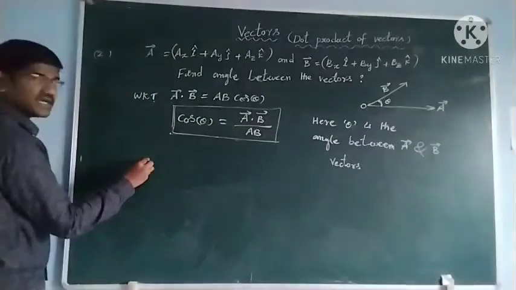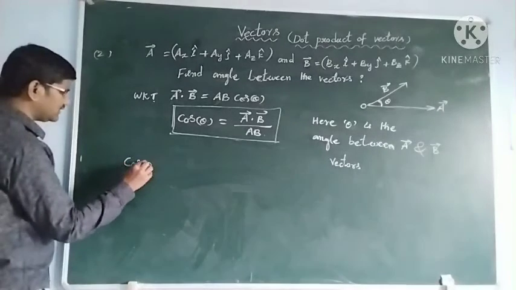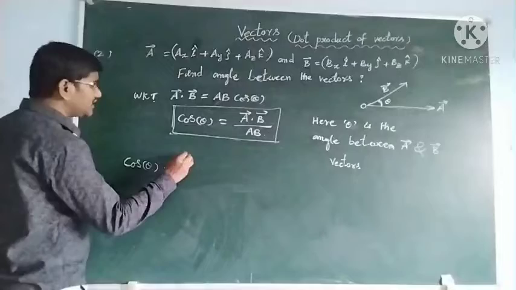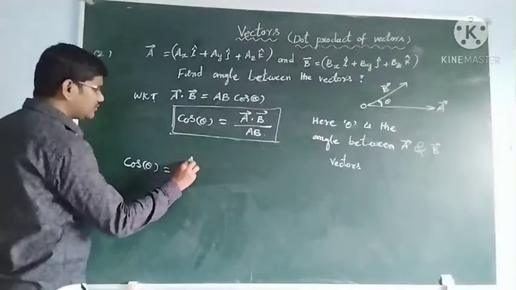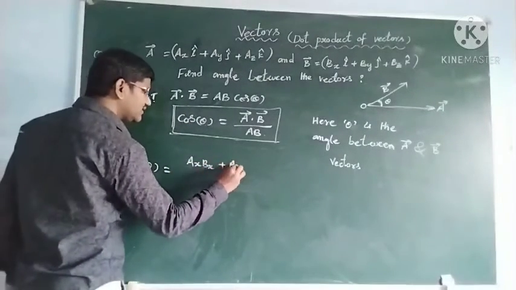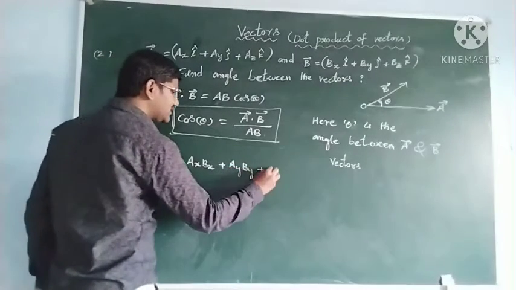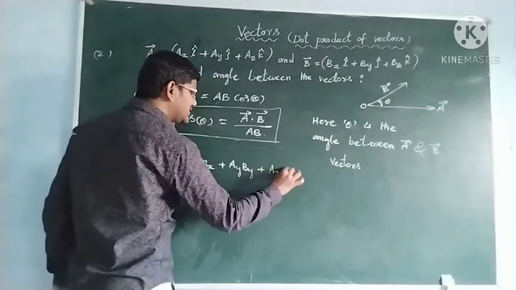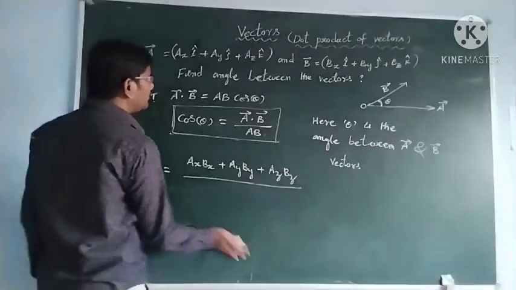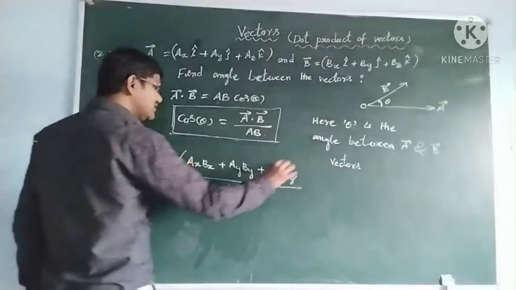Then cos theta is equal to ax bx plus ay by plus az bz by the magnitude of the first vector into the magnitude of the second vector.